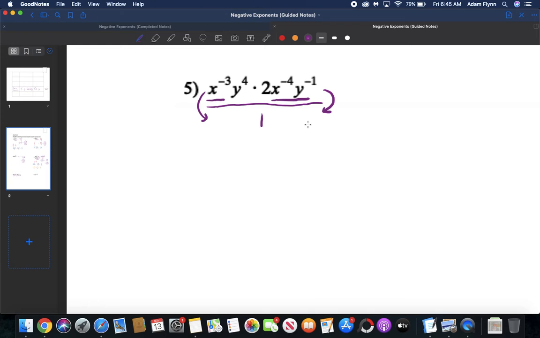This x to the negative 4 and this y to the negative 1, they are also both going to come downstairs. So if I rewrite this fraction, I'm going to have y to the fourth times 2, because this 2 has a power of 1, over x to the now positive 3 times x to the positive 4 and y to the positive 1.